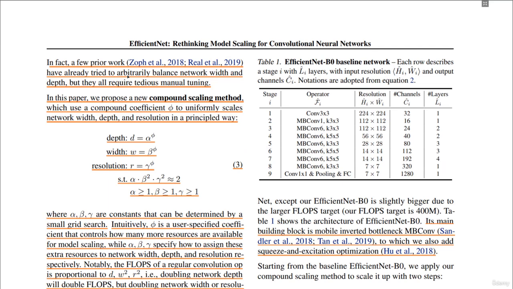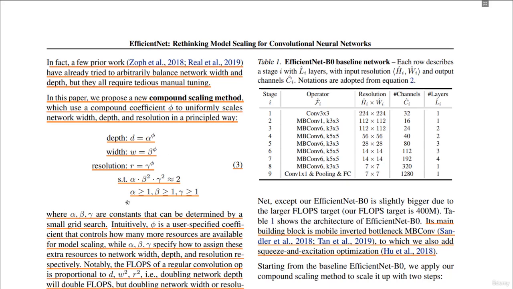In fact, a few prior works, that is Zoph et al., have already tried to arbitrarily balance network width and depth, but they all require tedious manual tuning. In this paper, we propose a new compound scaling method which uses a compound coefficient phi to uniformly scale network width, depth, and resolution in a principled way.